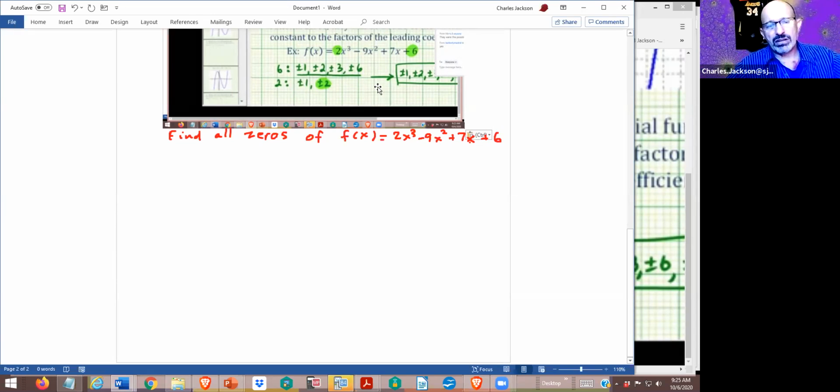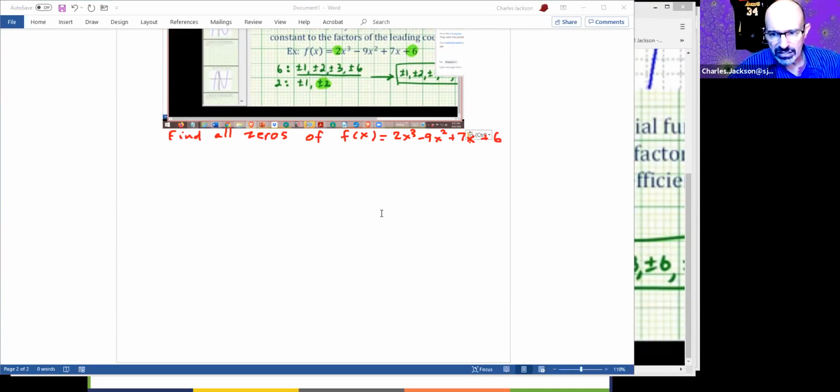But why not just go to the graph and get a hint from the graph, because the technology is so good these days. And we have to confirm it anyway, algebraically. We have to do the math.